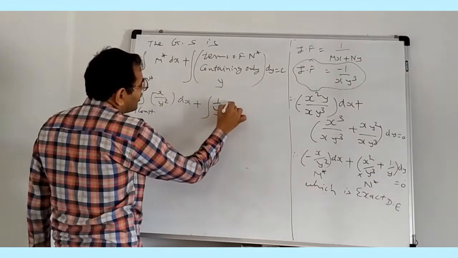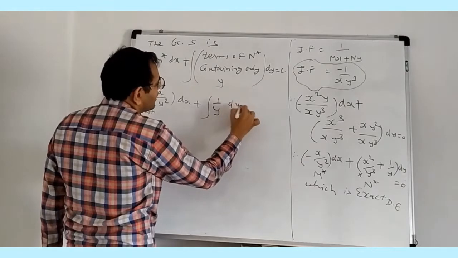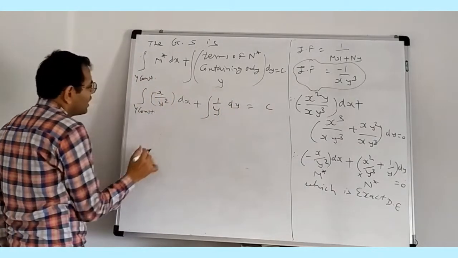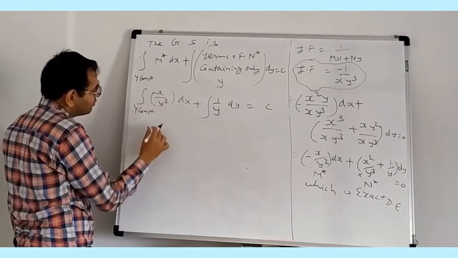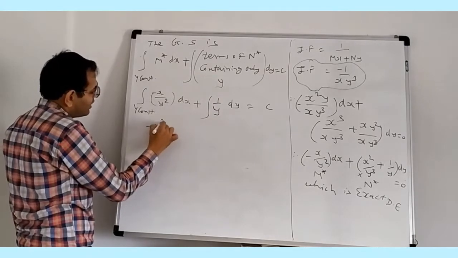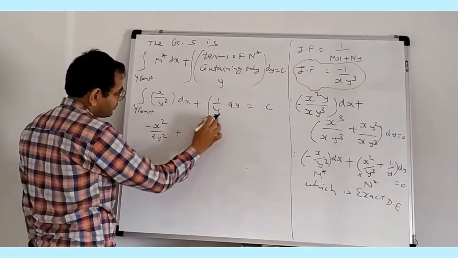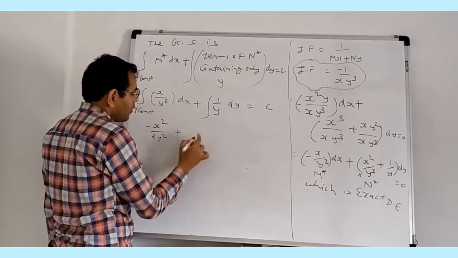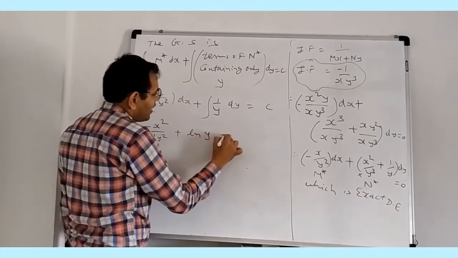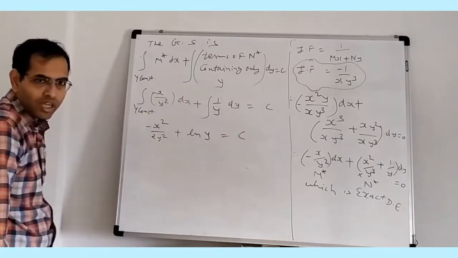Then replace 1 upon y here, dy equal to c. Then integrate this term with respect to x, then minus x square by 2y square plus integral of 1 upon y, which is ln y, equal to c.